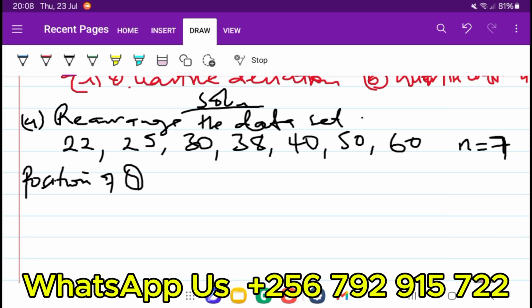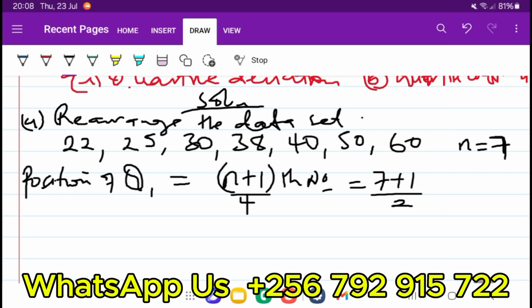of Q1 will be n plus 1 over 4th number, meaning it will be 7 plus 1 over 4. That gives you 8 over 4.